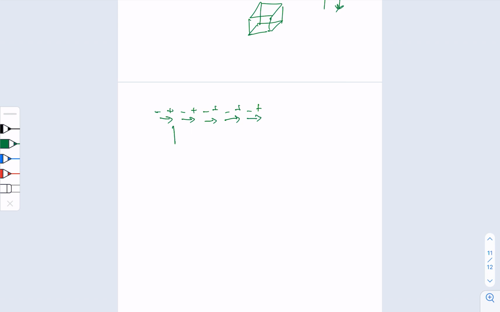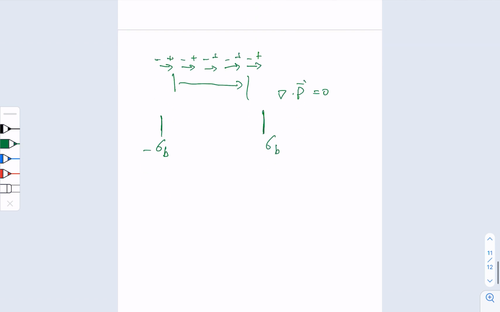So for uniformly charged materials, because del dot p is 0, in the end what's left over is certain surface charge on the two ends.